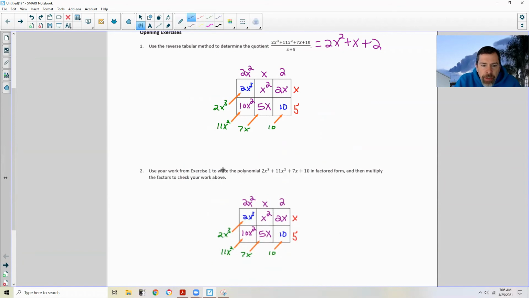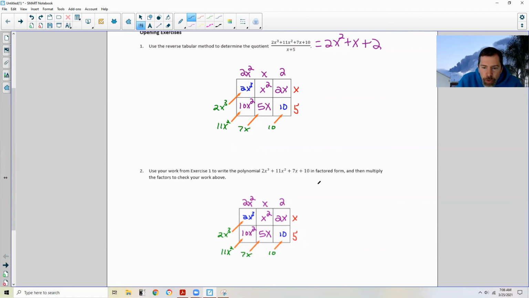It's right there. It says to use your work from exercise 1, and it says to write this in factored form. Well, the polynomial 2x cubed plus 11x squared plus 7x plus 10 is the green. And the two factors are our length and our width of our box here.